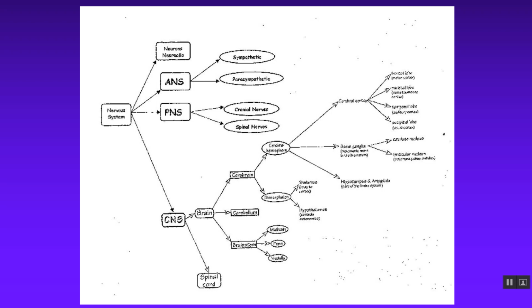This breaks down, starting over on the left, the nervous system as a whole, and then further breaking it down into its smaller components to a certain level. It doesn't go all the way out to really small components, but the major components and subcomponents of the nervous system.